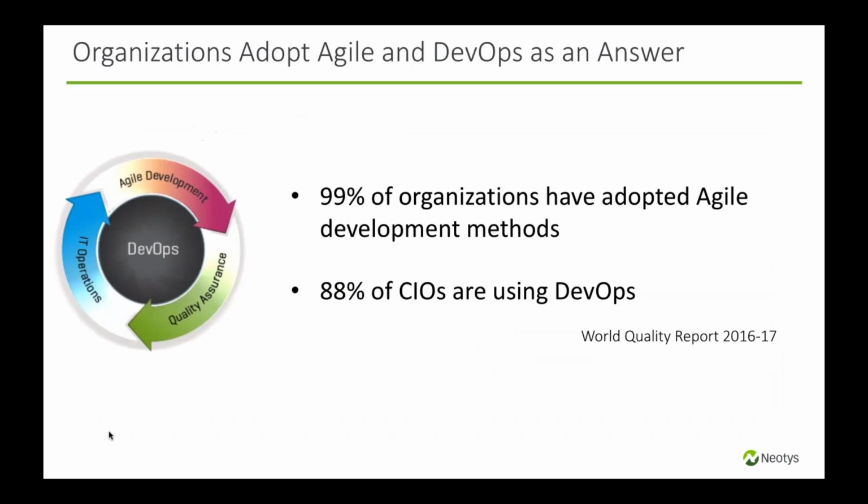And what about DevOps? Most organizations have adopted the Agile development methodology, and from the World Quality Report 2016-17, it seems that 88% of the CIOs are now using DevOps, and more companies are going to move to DevOps to be able to deploy more releases and focus more on customers.